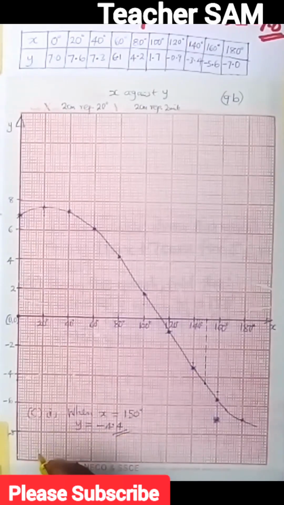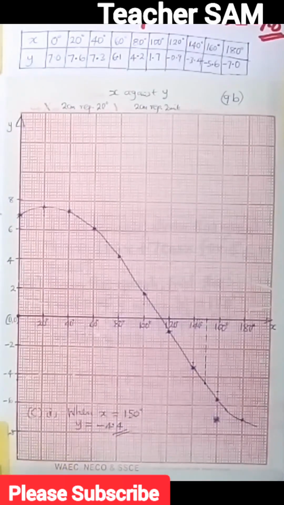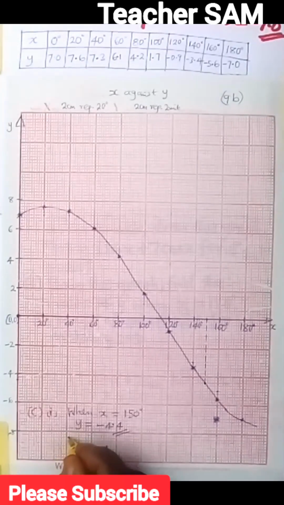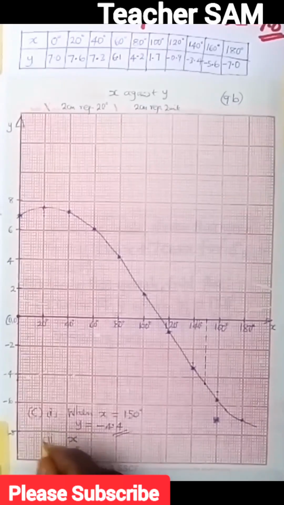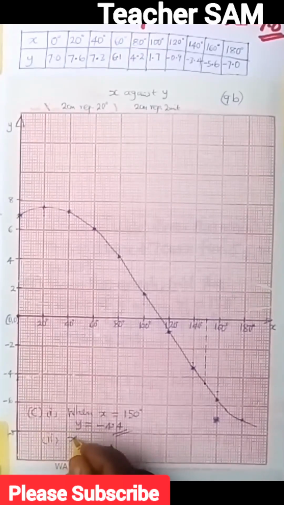Now the range of values of x for which y is greater than 0. For y greater than 0, our range of values of x, that is for i. Let me make a statement here.